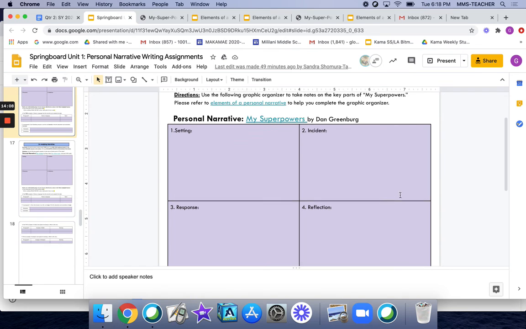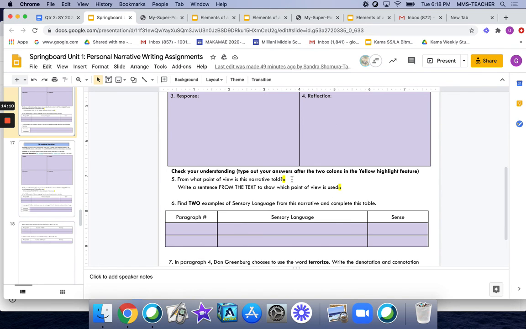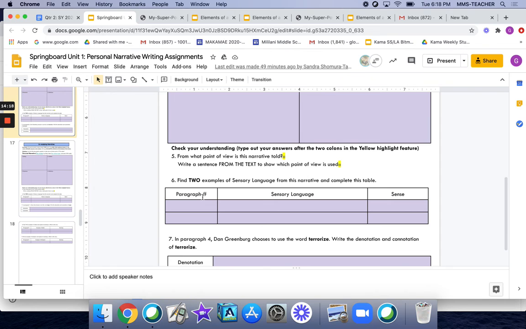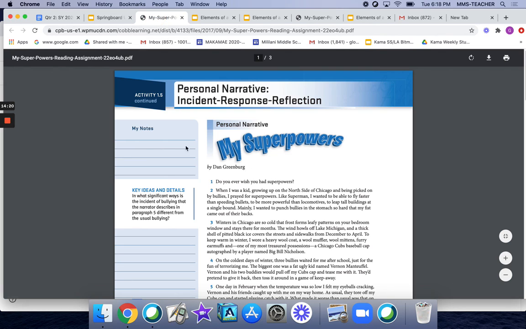All right? So you will answer 5, those 2 questions, and then give me examples of the sensory language. Go back and tell the paragraph number. You can see the paragraph number; it's all labeled here: paragraph 1, paragraph 2, paragraph 3, paragraph 4.